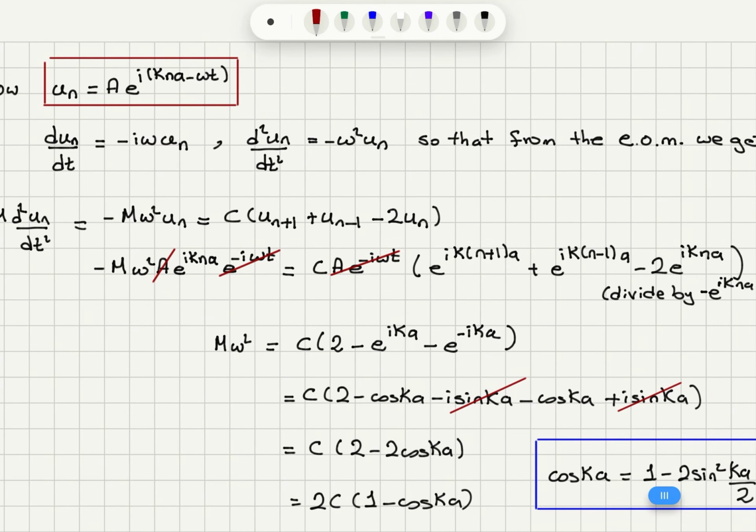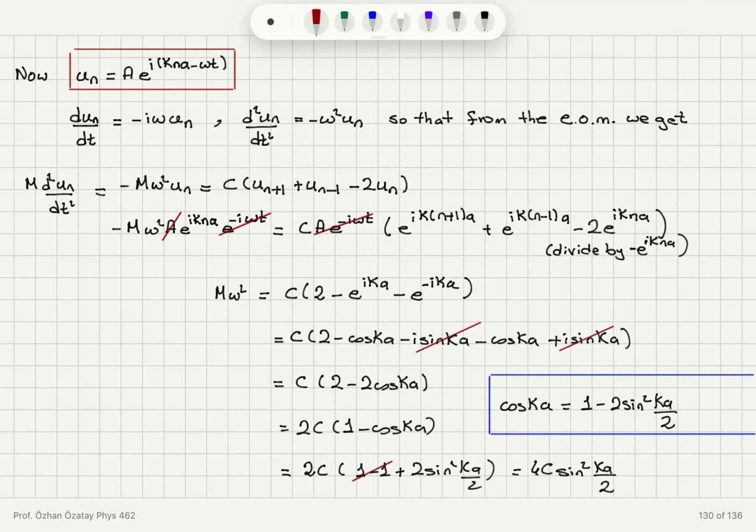So now what is e to the i k a? What is e to the minus i k a? Well, there I need to know Euler's formula. So e to the i k a is cosine ka plus i sine ka, and for e to the minus i k a, I have cosine ka minus i sine ka.